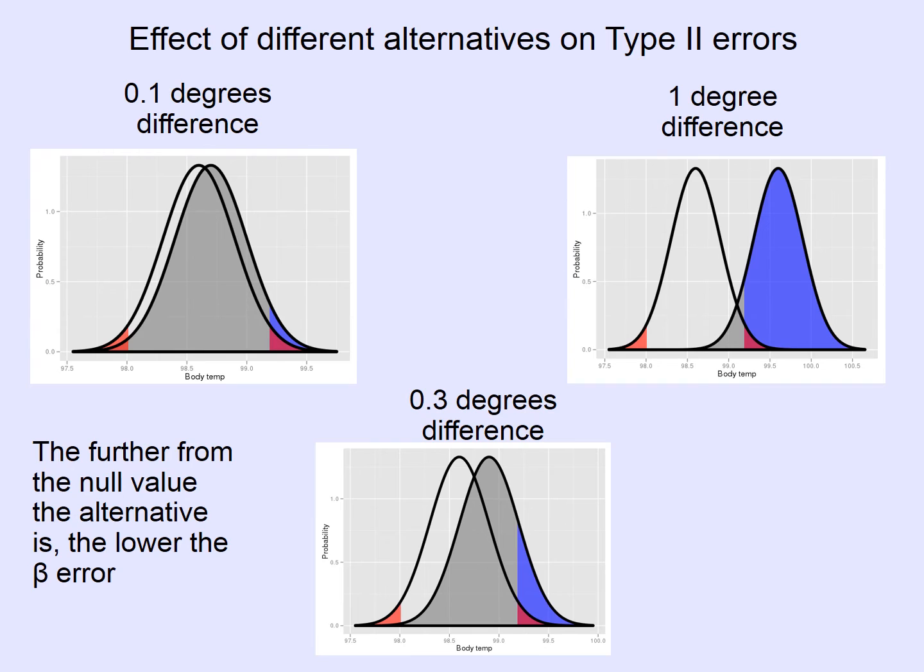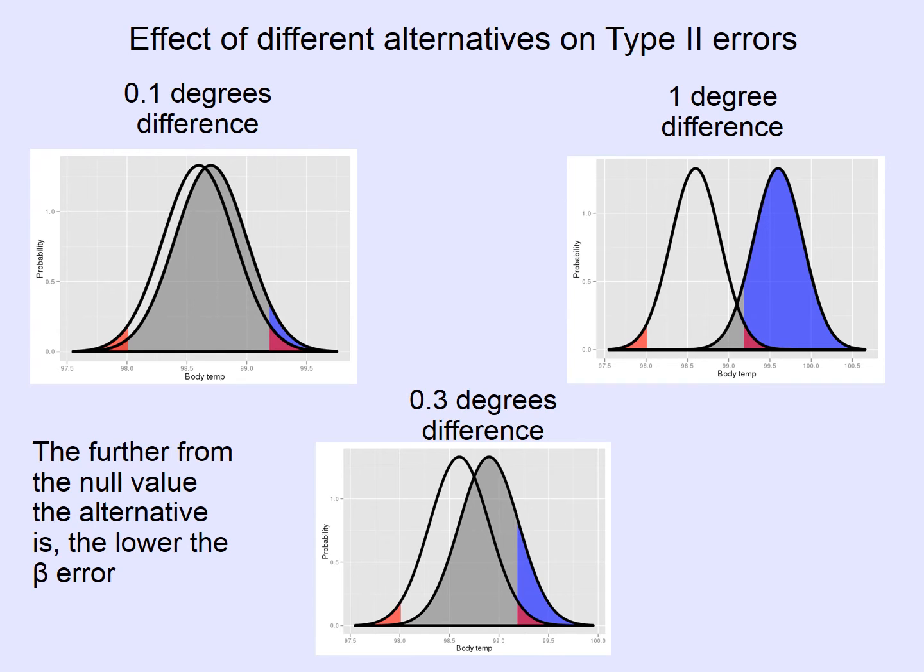Okay, so in the upper left, I measured body temperatures, and I got a 0.1 degree difference between body temperature from that sample, representative of an alternative, and its comparison to the null. So the distribution on the left is the null, and the distribution on the right is the alternative. So at the peak, under the null, it's 98.6 mean body temperature, and this one it would be 98.7 for my 0.1 degree difference. Okay, so the gray is my beta error, and the blue is my power.